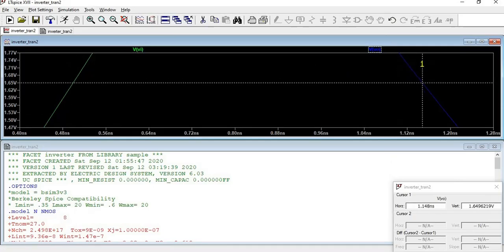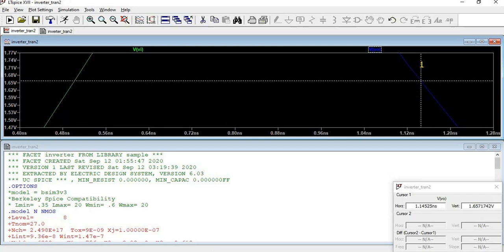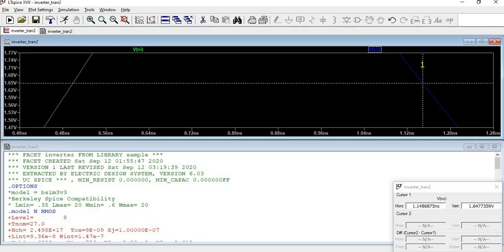So 1.65, so approximately 1.4. But if we're going to do that, we're still doing the approximation method.